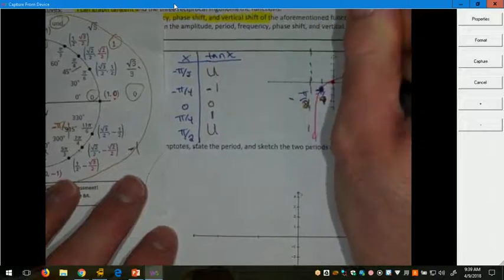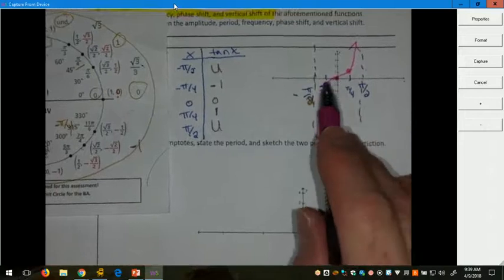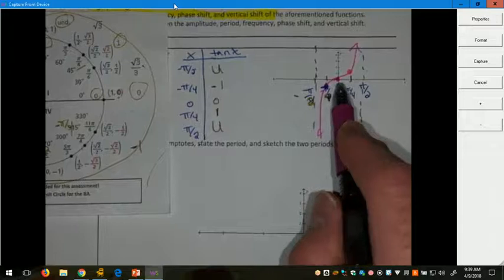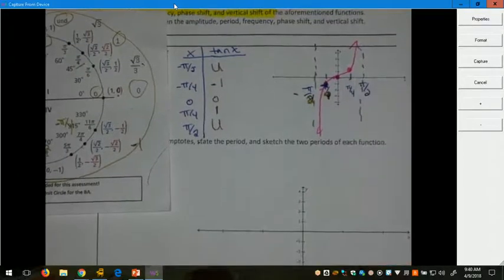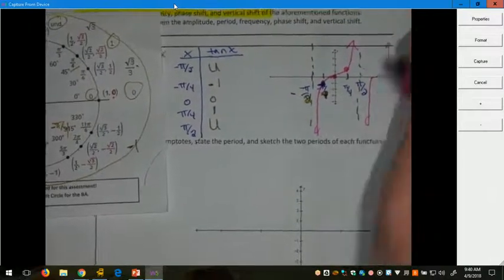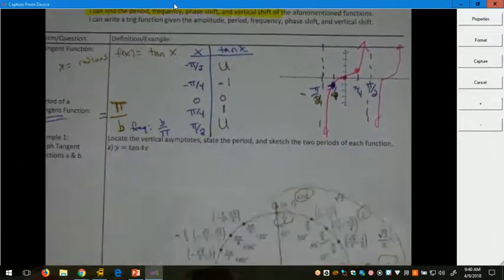Here's what the graph of tangent looks like. To the left of 0, it goes down and approaches that vertical asymptote. To the right of 0, it goes up and approaches the right side vertical asymptote. And we're going to see this will just keep repeating the same pattern to the left and right, because it's just going to keep going through the same cycle, right?